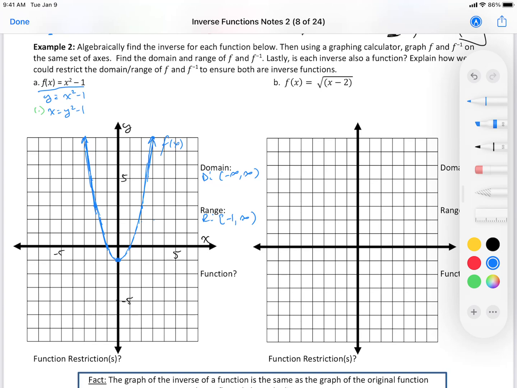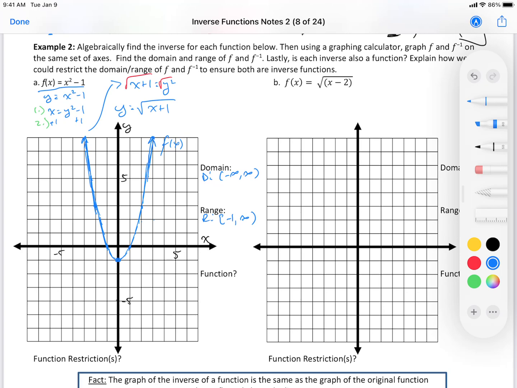Then I'm going to solve it algebraically. Add 1 to both sides, and I should get x plus 1 is equal to y squared. Then I would take the square root of both sides, and so I should be left with y is equal to the square root of x plus 1.